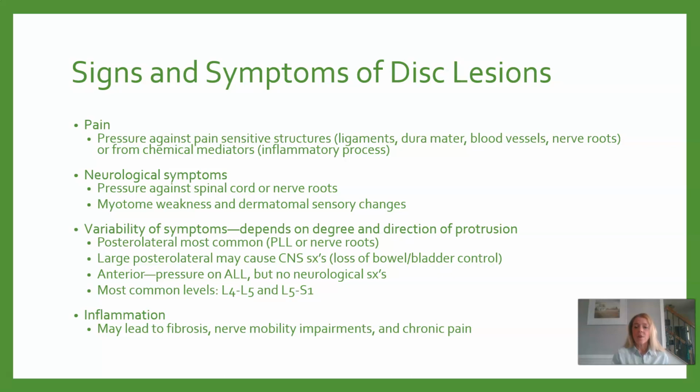So when that disc herniates, it can press against nerve roots. It could also press against the spinal cord as well, depending on how large the herniation is. So if there is neurologic involvement, oftentimes we're going to see myotomal weakness and dermatomal sensory changes. So it is going to follow the myotome and dermatome patterns for the lower extremity for the lumbar spine.